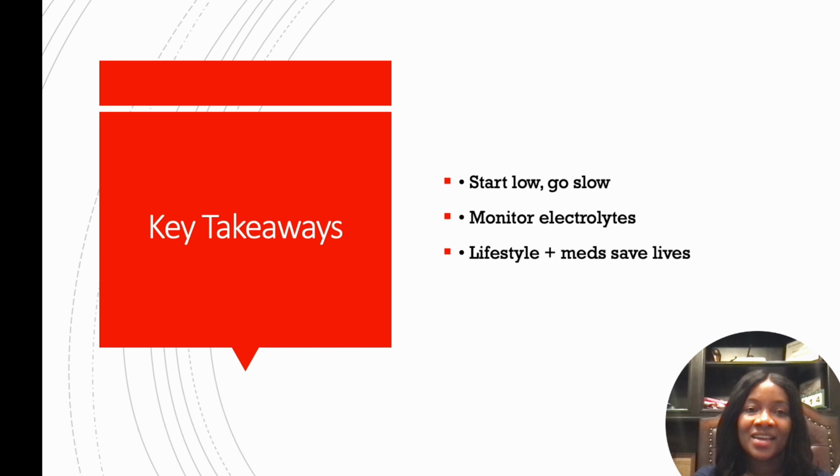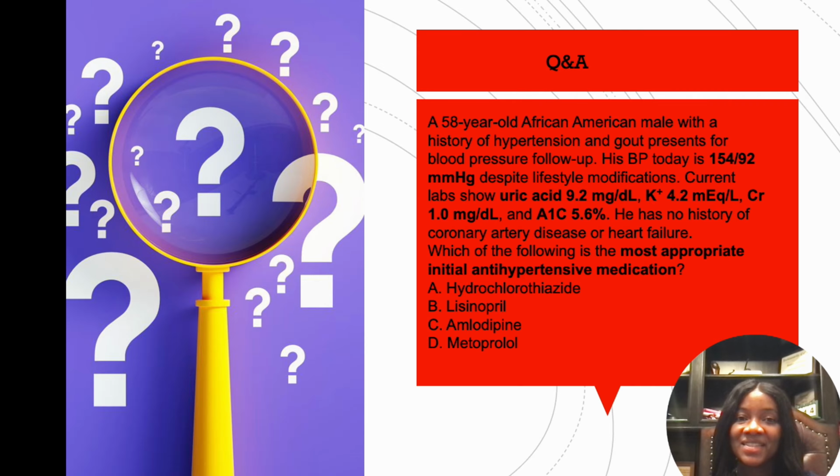Some key takeaways. You always want to start slow, titrate slowly, and always reinforce lifestyle modifications, because lifestyle modifications plus meds save lives. You made it to the end.